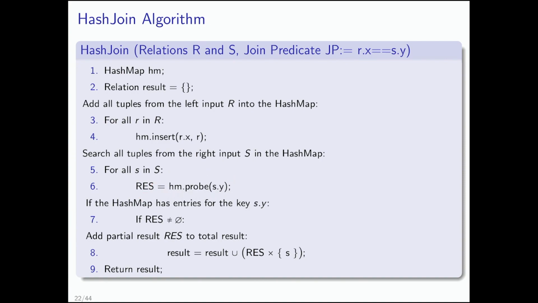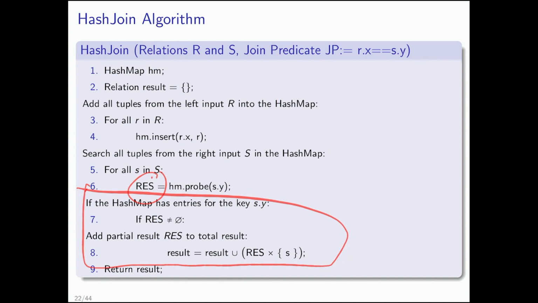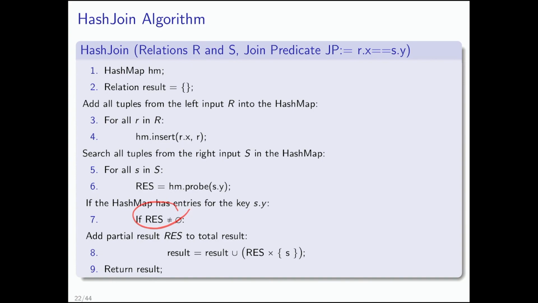Then you have to create the result set. So if the tuples returned here, so if that set is not empty, that's what's checked here, you add the tuples in that set, cross product this tuple, to the result set.